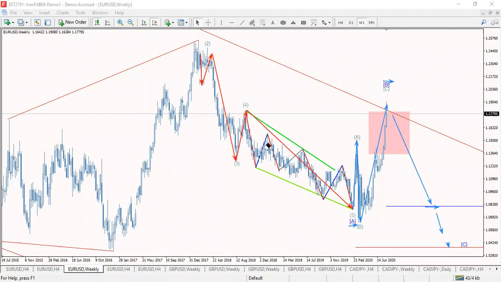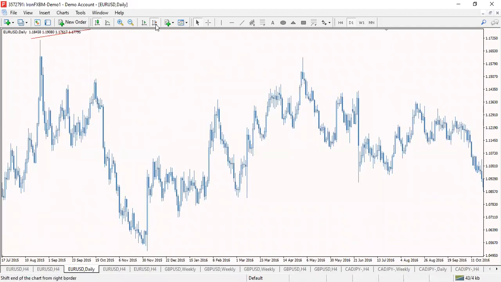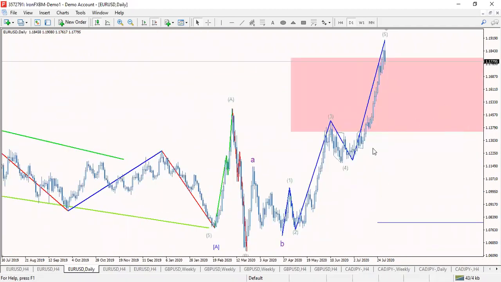Now let's go to the lower time frames, the daily time frame. On the daily time frame, here is the lower, inner structure. Let me show you what is happening right here.